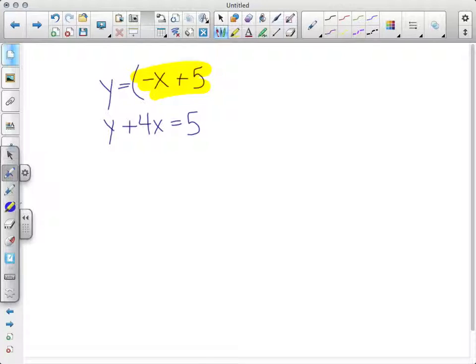So I'm going to take this quantity and plug it in where y is. So let me rewrite this expression. Negative x plus 5, whole quantity, plus 4x equals 5.